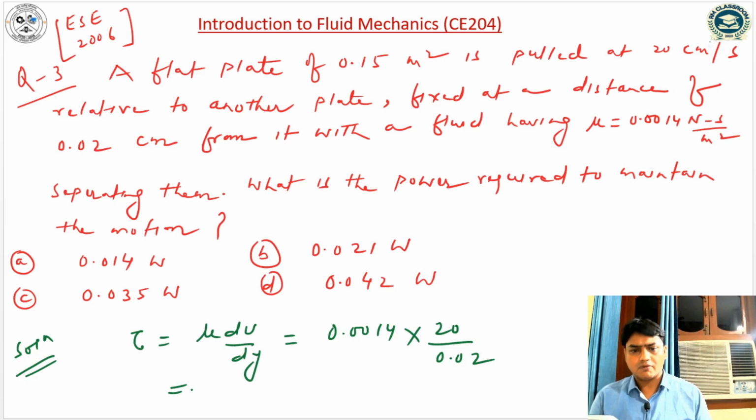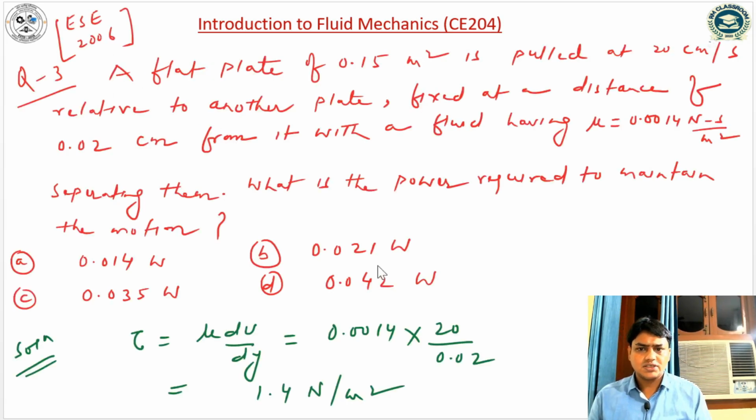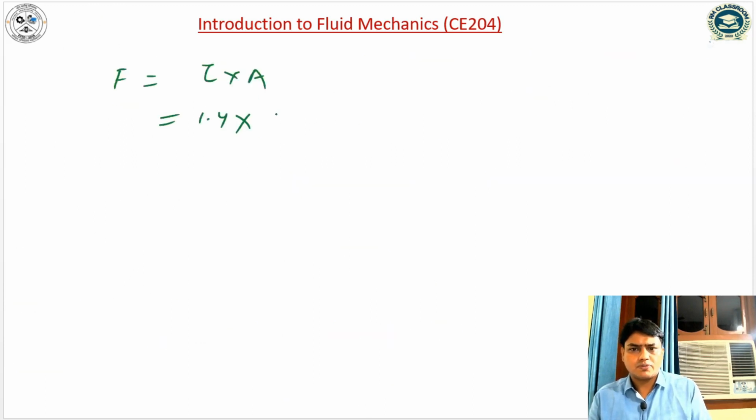So it is coming 1.4 Newton per meter square. So the force is tau into A. So it will be 1.4 into area. The area is given, that is 0.15 meter square. So 0.15.